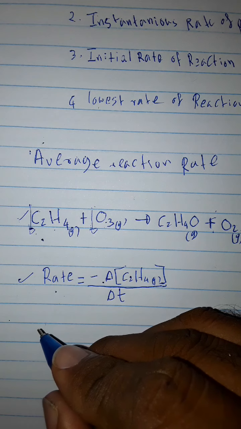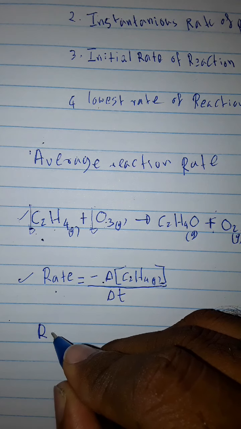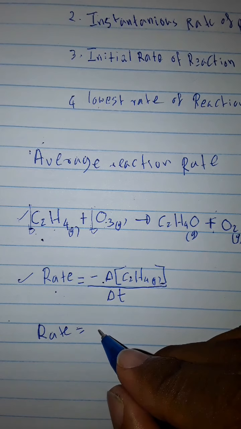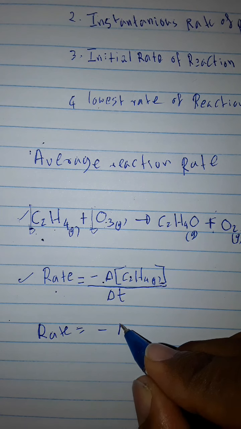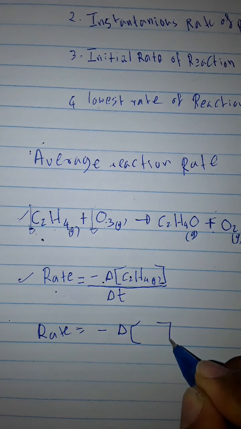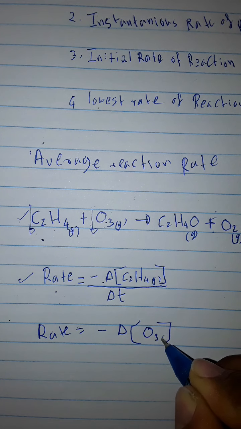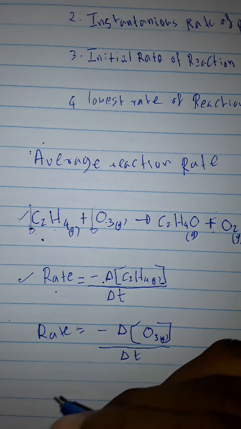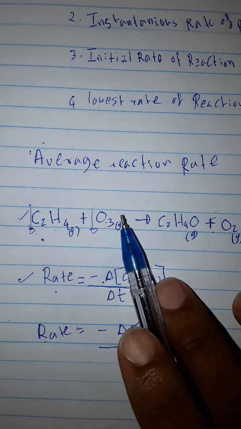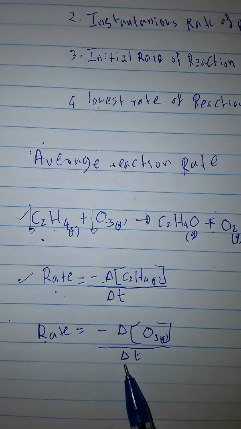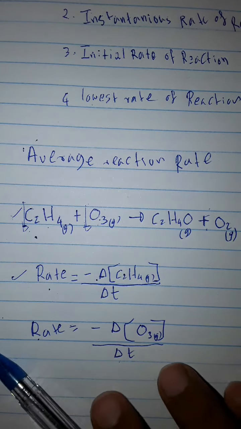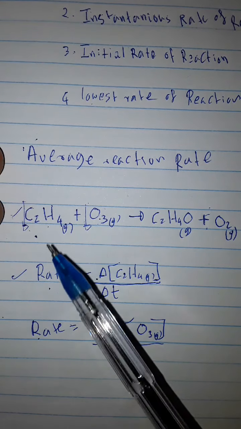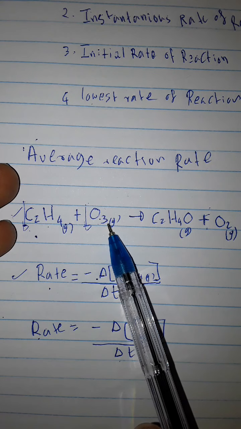Similarly, we can measure the rate of reaction with respect to oxygen or ozone concentration. Ozone is also decreasing. So the change of concentration of ozone gas per a given time period is the rate of concentration change of ozone. If I want to study the rate of this reaction, I can study how fast the ozone concentration decreases.